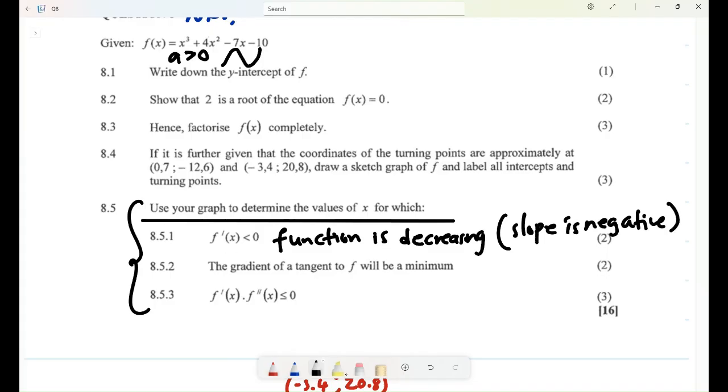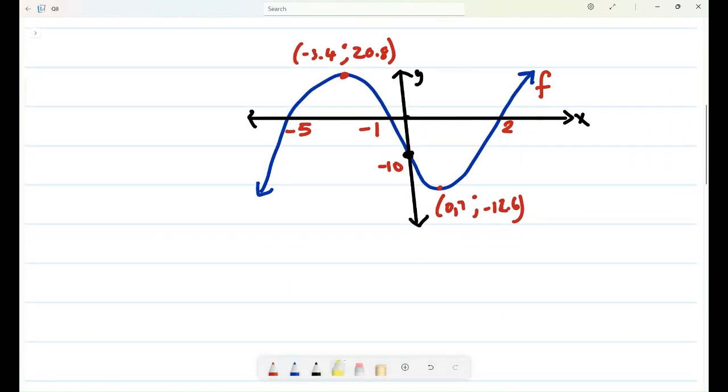Remember this is our gradient, right? So you can say where our gradient, which is slope, is negative because it is less than 0, or where our function is decreasing. When our function decreases, our gradient is less than 0. Let's just use where our gradient is negative.